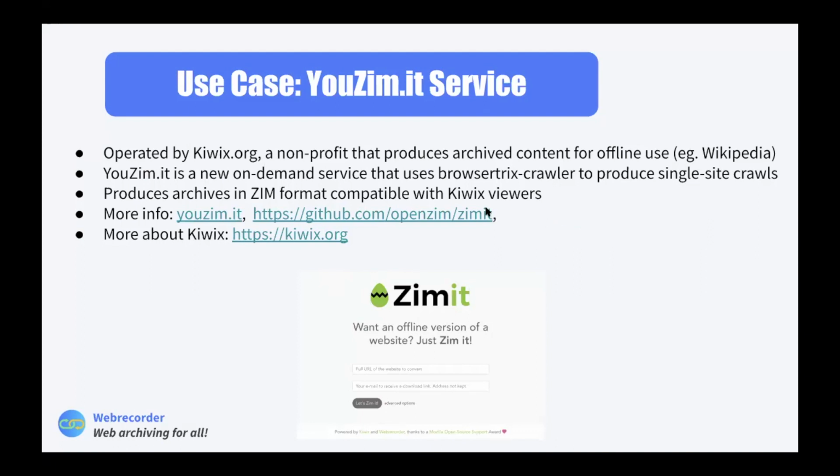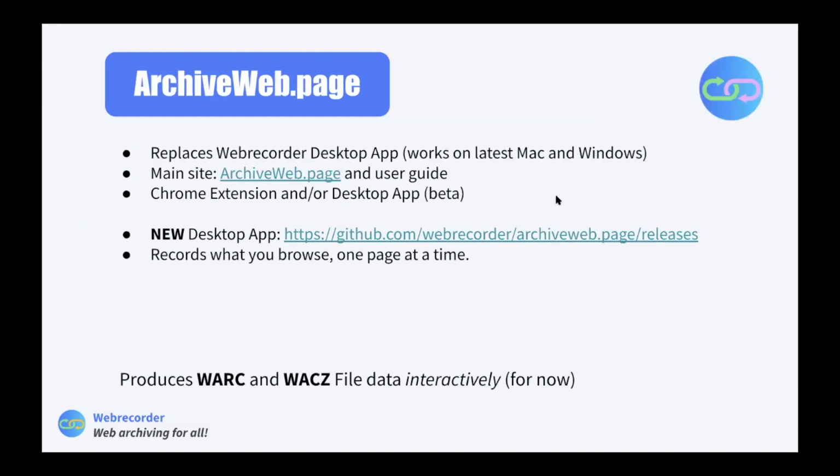This is still in development, but they're operating this free service, so if you want to try it out, part of the development of Browsertrix-Crawler was to support this service, and we're expanding it to support many other use cases. Then I also wanted to move on to Archiveweb.page.